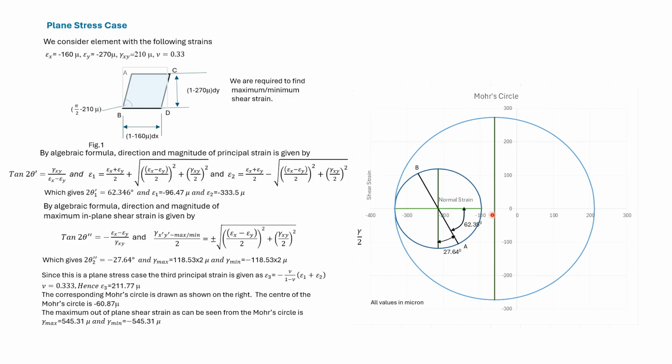With the center known and the diameter known, we can draw this Mohr circle. Absolute maximum positive and negative shear strain is the double of these two values, which is given here.